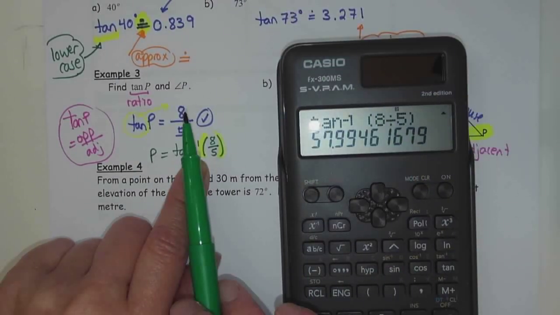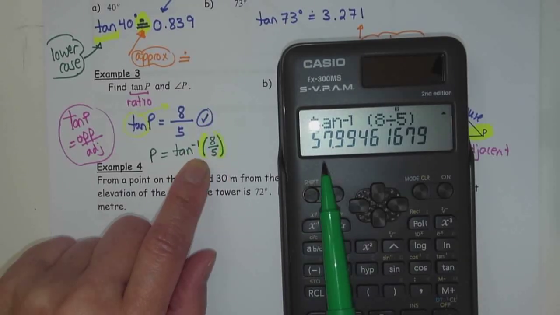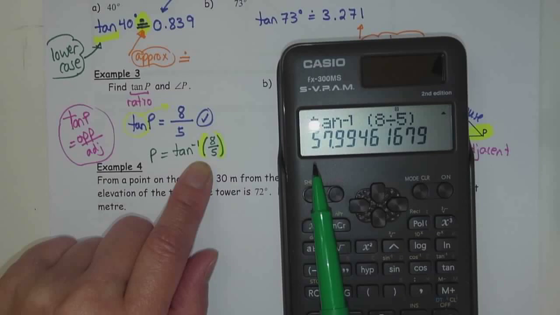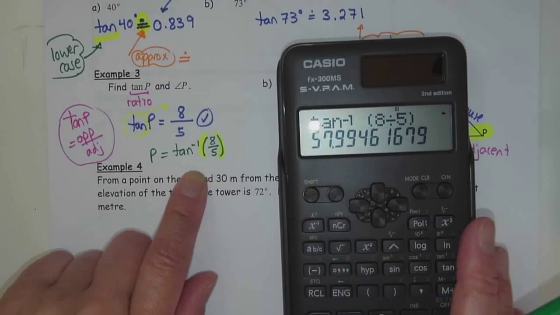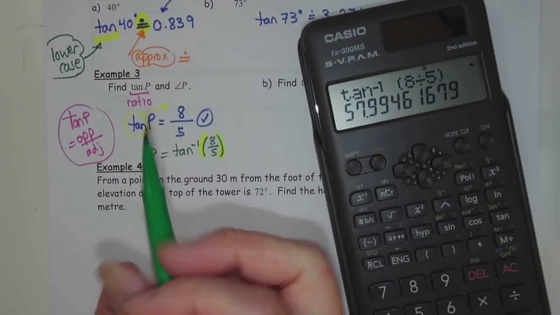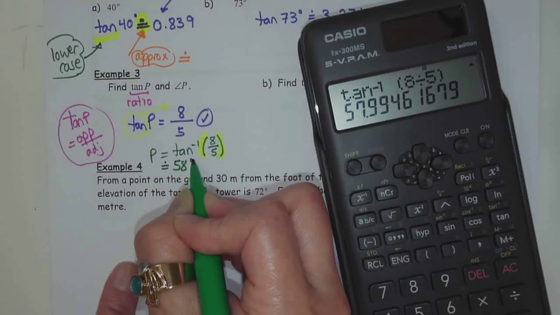Oh, I didn't tell you what to round to. We will always tell you on an evaluation, but we didn't tell you. So let's just do nearest degree. It goes 57.99, so that's going to be 58 degrees. It's approximately 58 degrees.